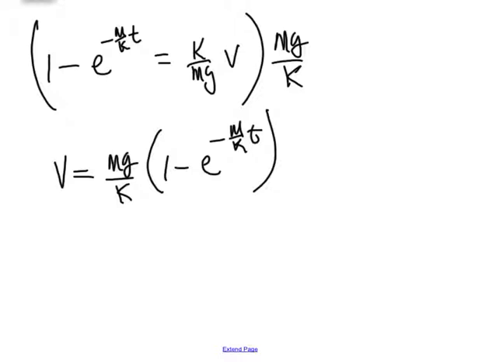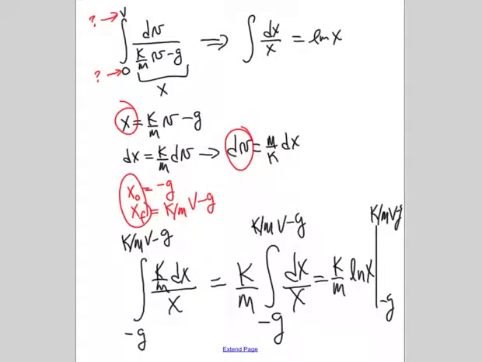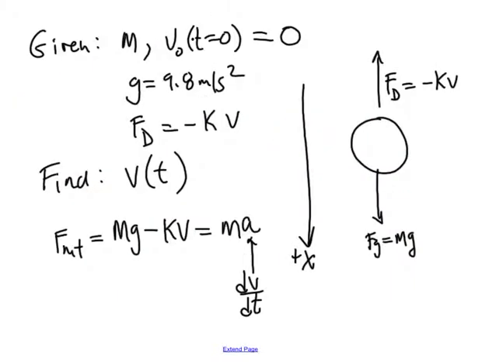The question is, does it make any sense? Well, let's go back to the very beginning. Here we have two forces acting on this ball. The drag force will increase in value as the ball speeds up.